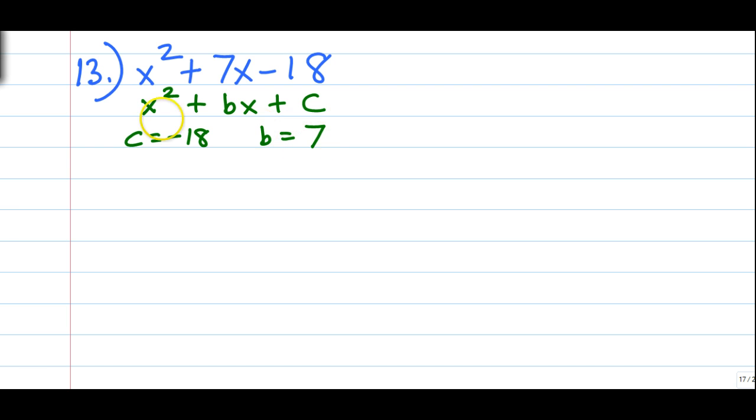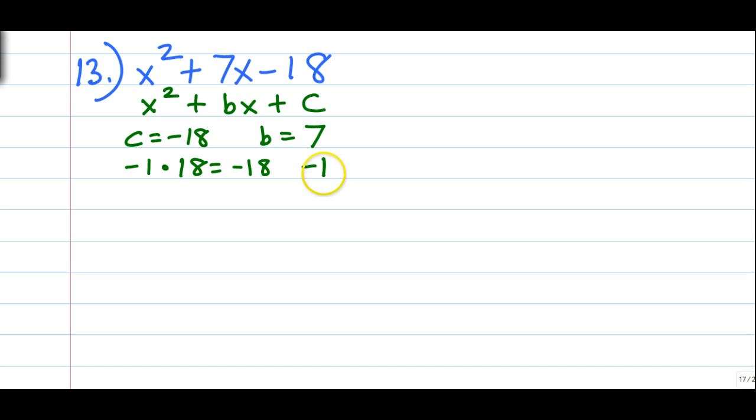From here, I can still use the listing method to find a replacement term for my original. So I'm going to try a negative 1 times an 18 equals a negative 18. The reason I place the negative on the smaller number is because when I go to sum the two values, I want it to come out to a positive.